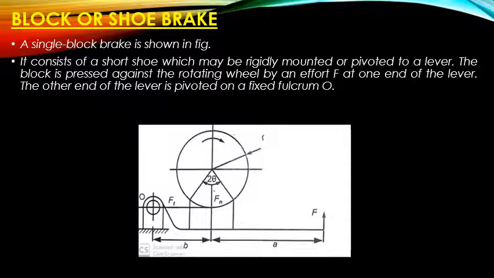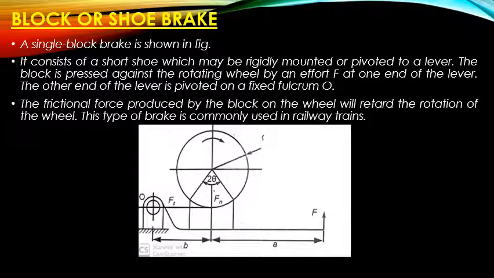Then we have the angle of contact of the block on the drum, that is denoted by 2 theta, and the frictional force produced by the block or the shoe on the drum or wheel will retard the rotation of the wheel.